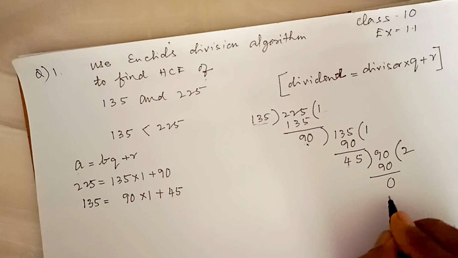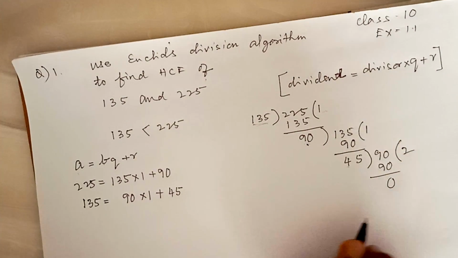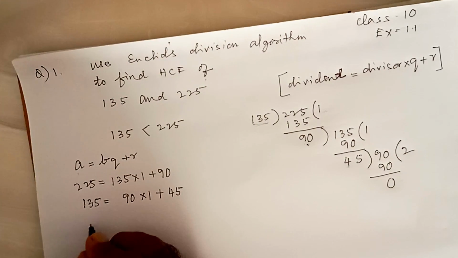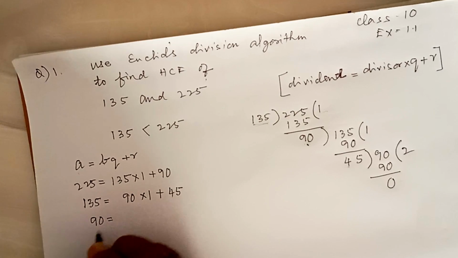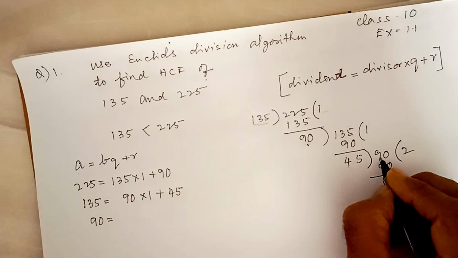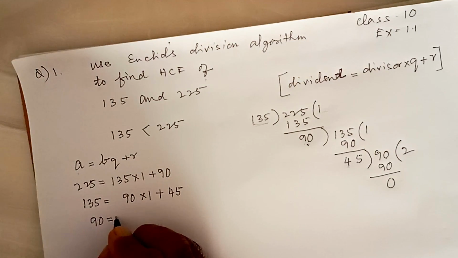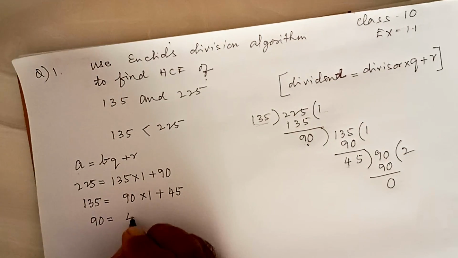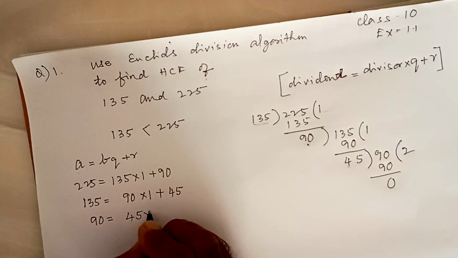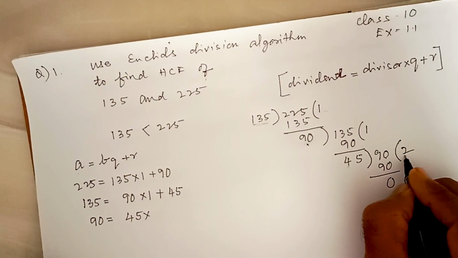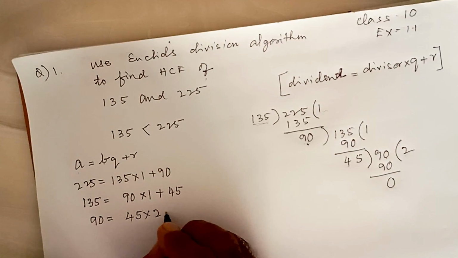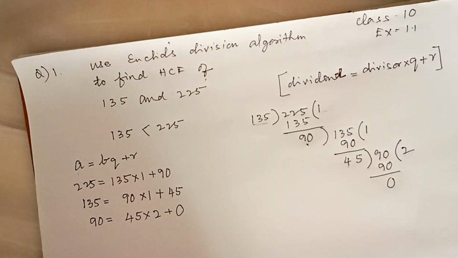Yes, we came to 0 as a remainder. Here we apply the same algorithm: 90 is the dividend and the divisor is 45 multiplied by 2, add 0.